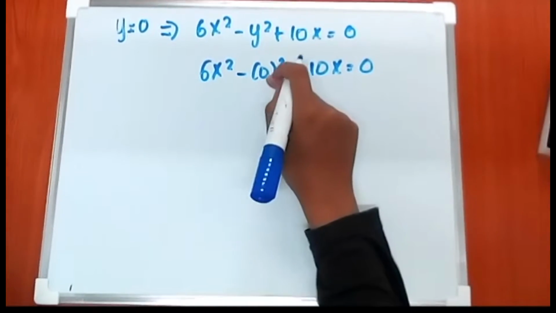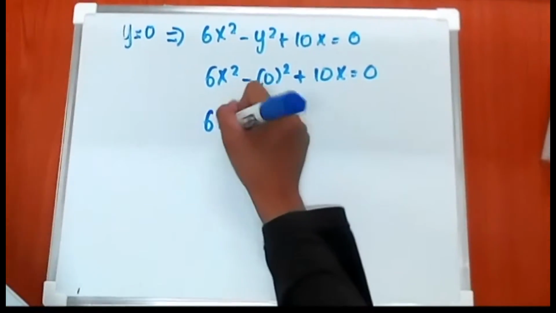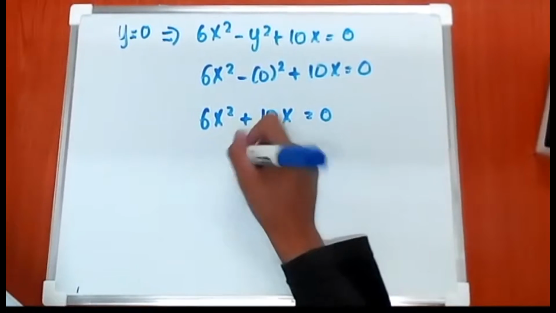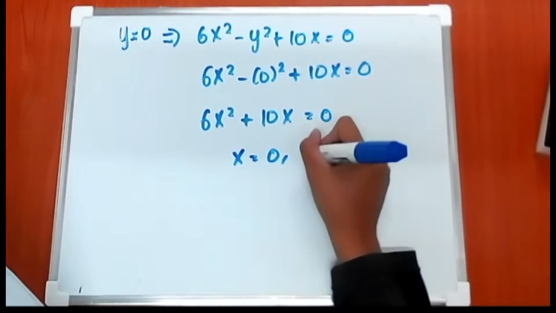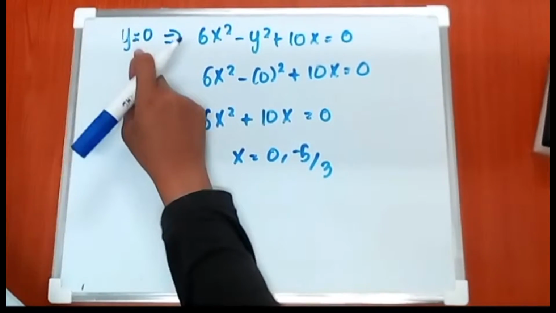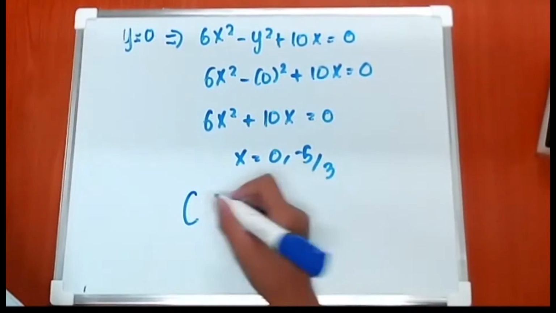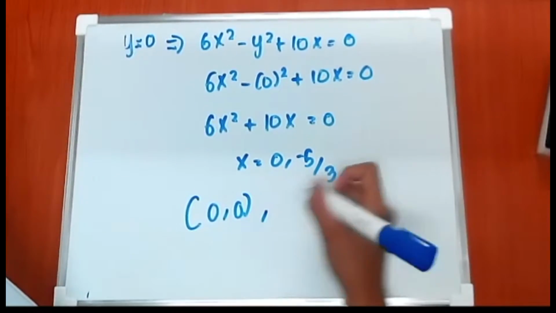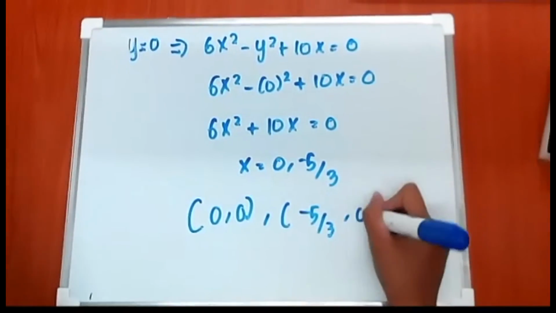We get this after we substitute y = 0, and then we will get 6x^2 + 10x = 0, and we will get our x points equal to 0 and -5/3. So basically we have y = 0 and two points of x, so our critical points will become (0, 0) and also another one, (-5/3, 0).